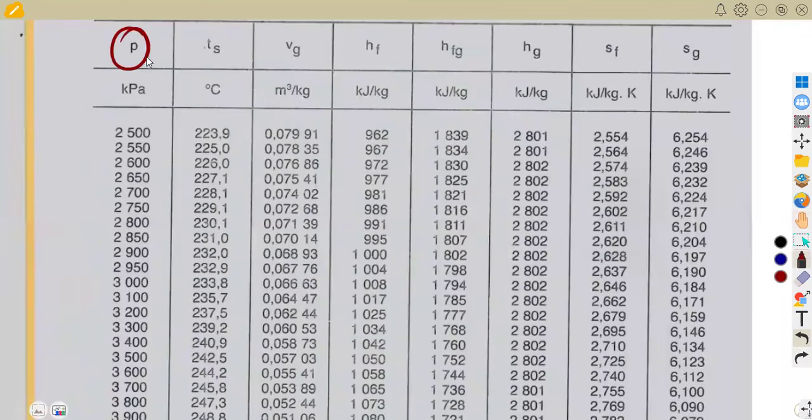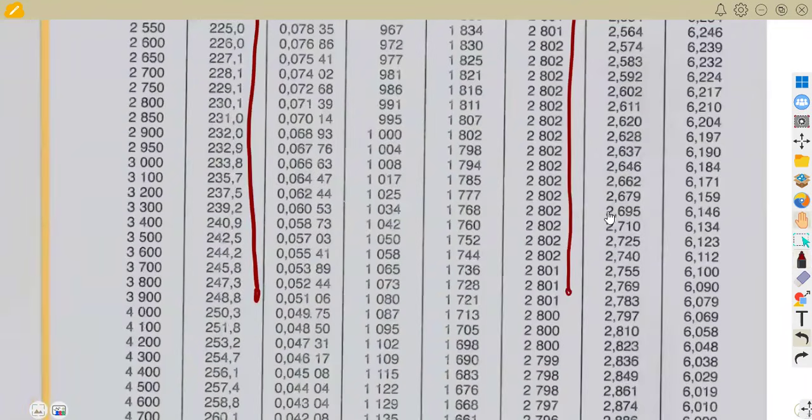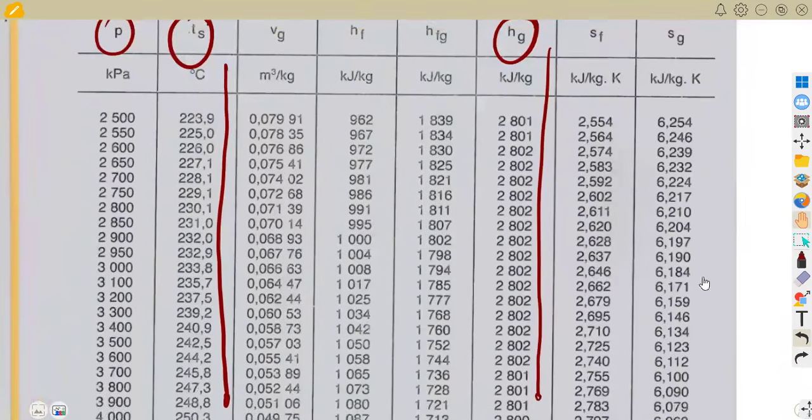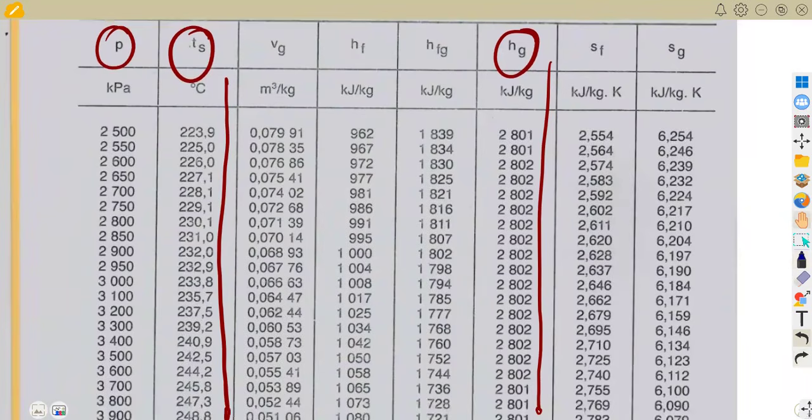We're going to need Ts and we're going to need Hg at that. So we need to go down here. Let's check 3,000. Actually, 3,000 is not that far, so we can just consider it here. This is our 3,000, 3,800. This is the one that is down here.